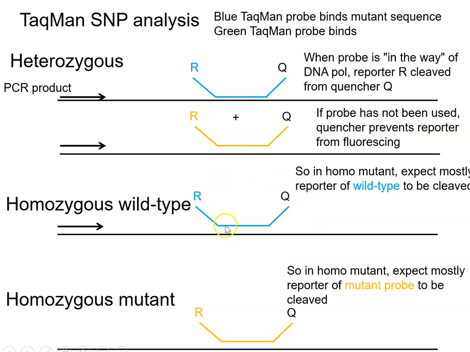Now this probe sequence here is about 10 to 12 nucleotides in length, and if one of them is a mismatch, it doesn't bind particularly well. So if there's a single nucleotide polymorphism change, a wild type probe will recognise the wild type sequence, the mutant probe will recognise the known mutant sequence. In a heterozygote, both probes should work equally well.